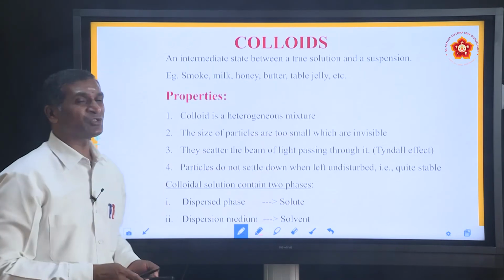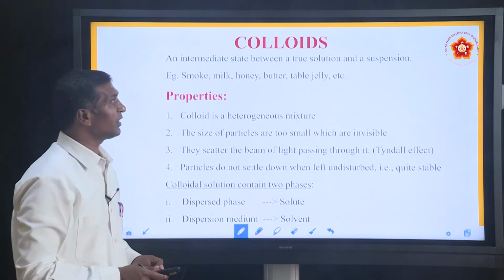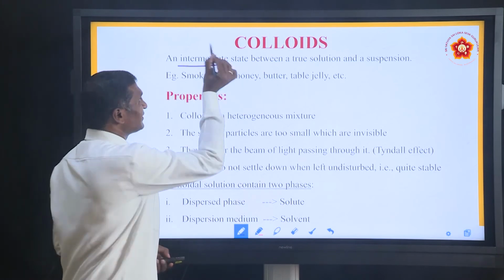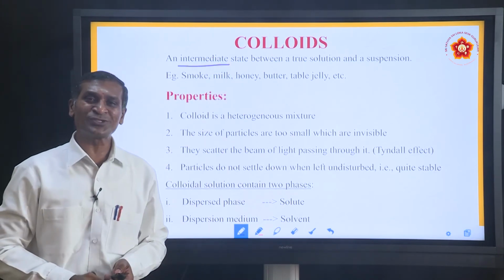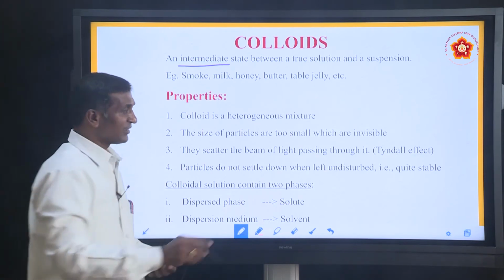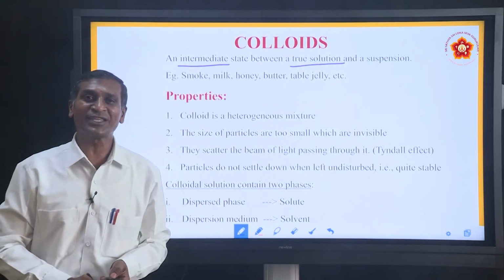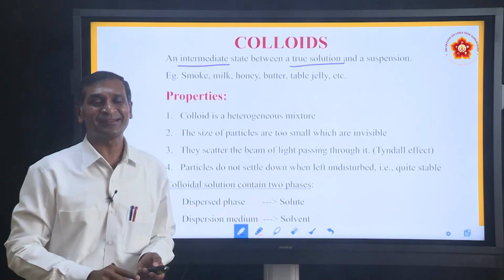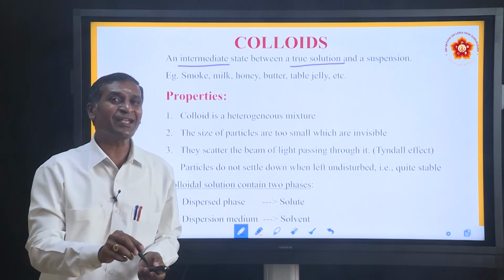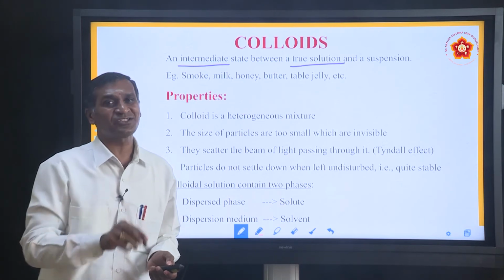Next, we move on to the colloids. See, colloids are the intermediate state between a true solution and a suspension. A true solution means a homogeneous solution. You saw there, the first beaker had the salt dissolved in water. The second beaker had the soluble starch in the water.